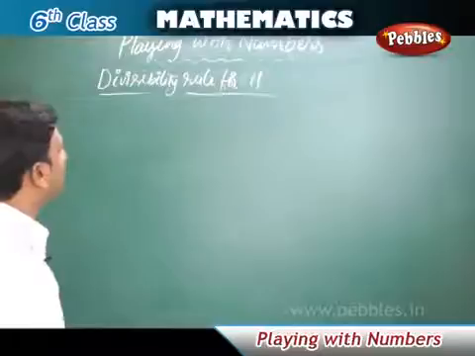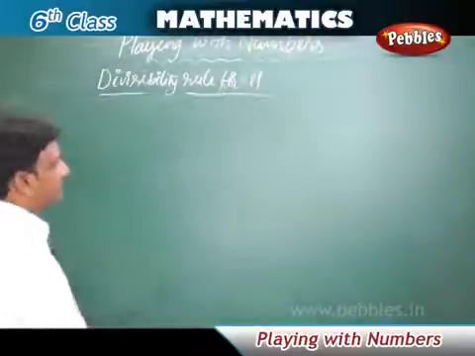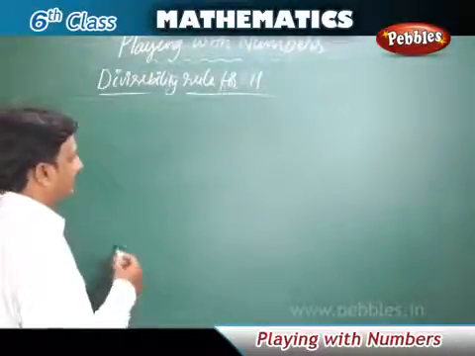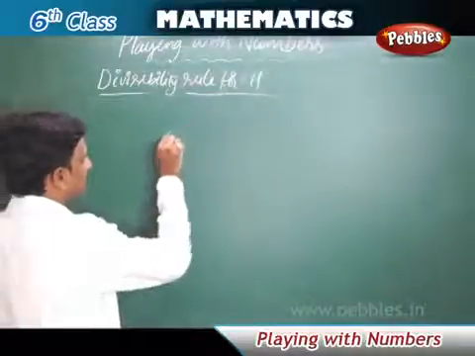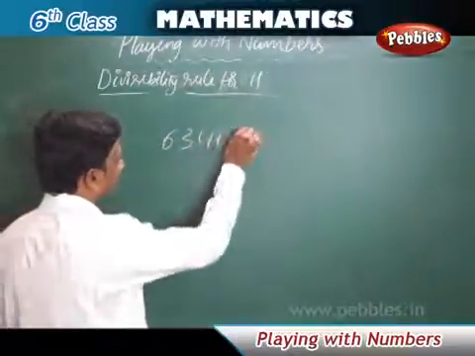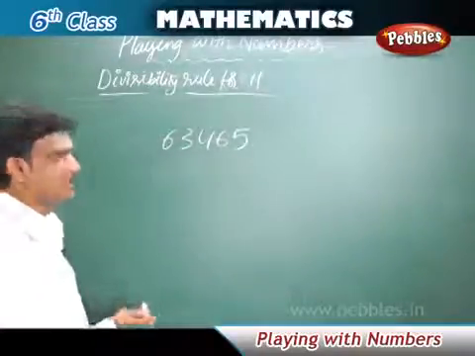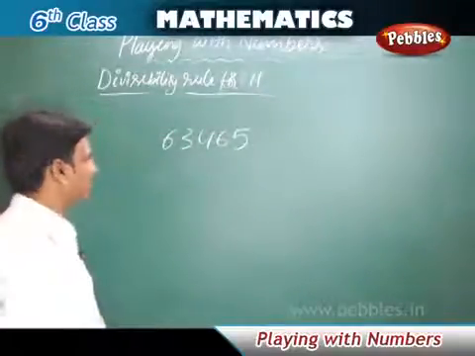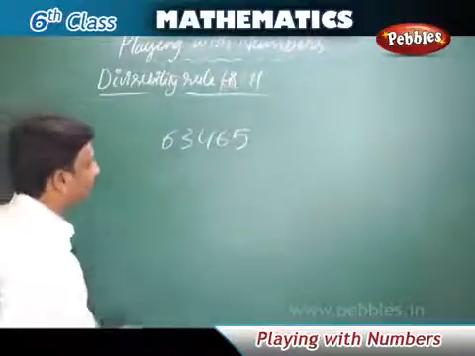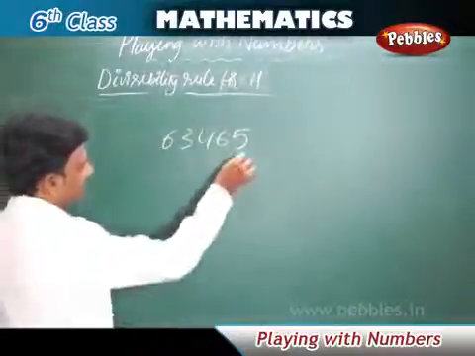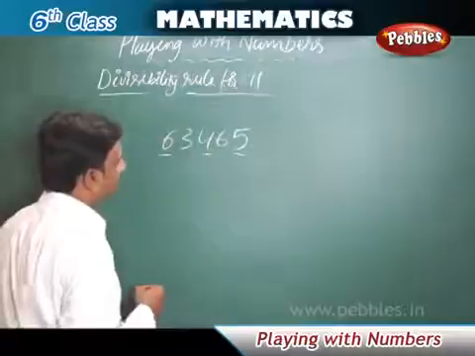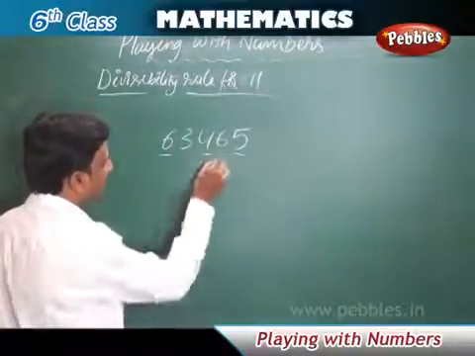Let us see the divisibility rule for 11. So what is the divisibility rule of 11? There is a number. Now we are going to check whether this number is divisible by 11 or not. The rule is about the sum of even-place numbers and the sum of odd-place numbers.